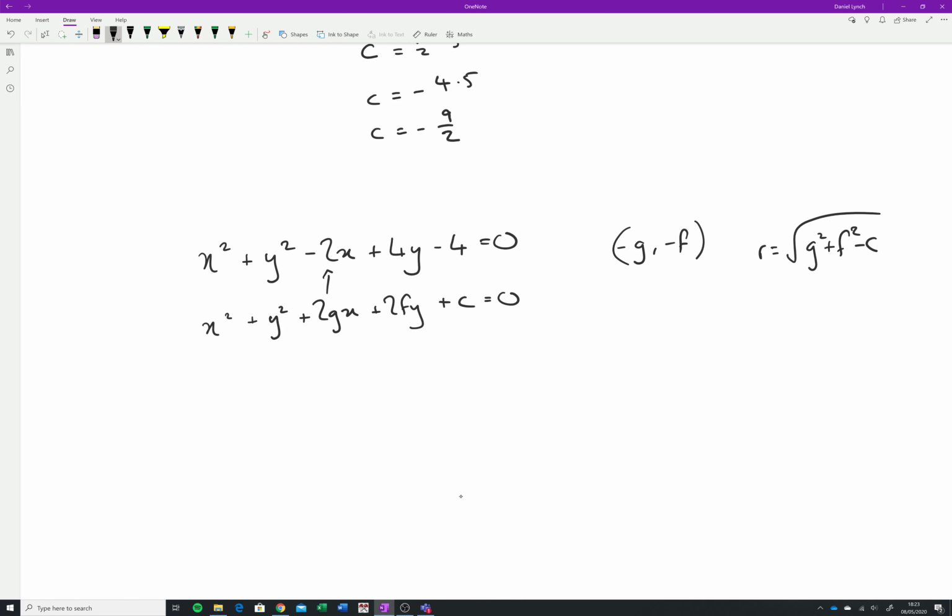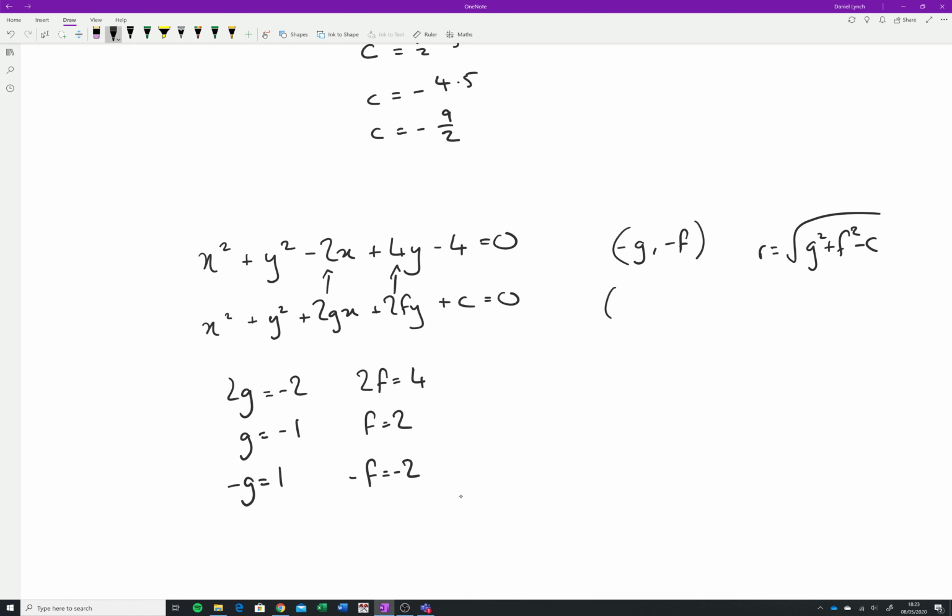How many x's do we have? Turns out that 2gx is equal to minus 2x, so the 2g has to equal minus 2. And similarly, 2f has to equal 4. So we can figure this out. g is minus 1, f is 2, and minus g, the thing that we want, is 1, and minus f is minus 2, just by multiplying both sides by minus 1.